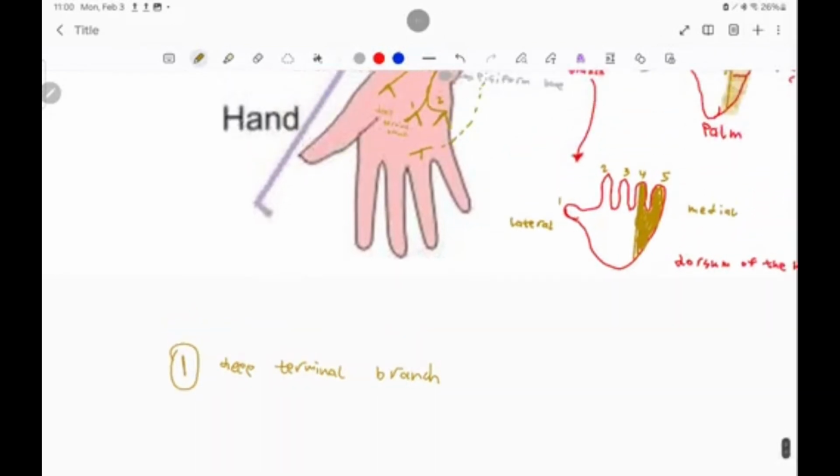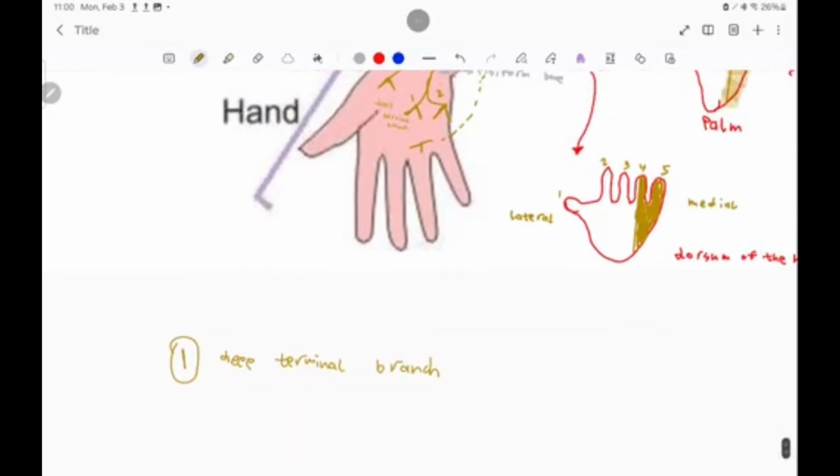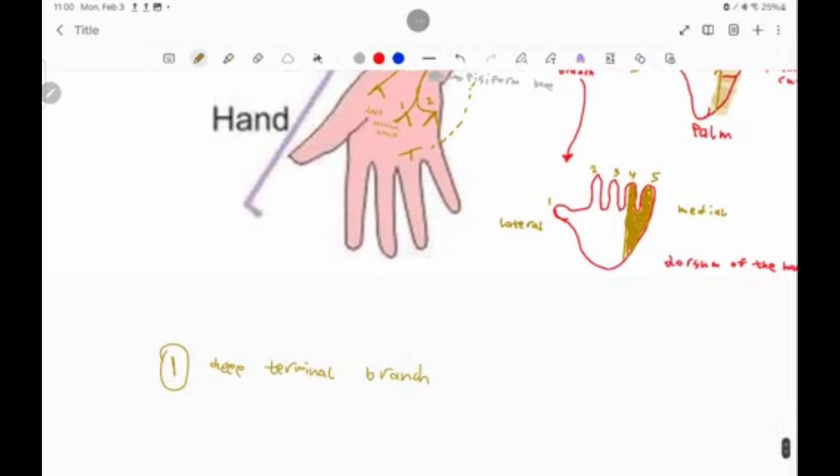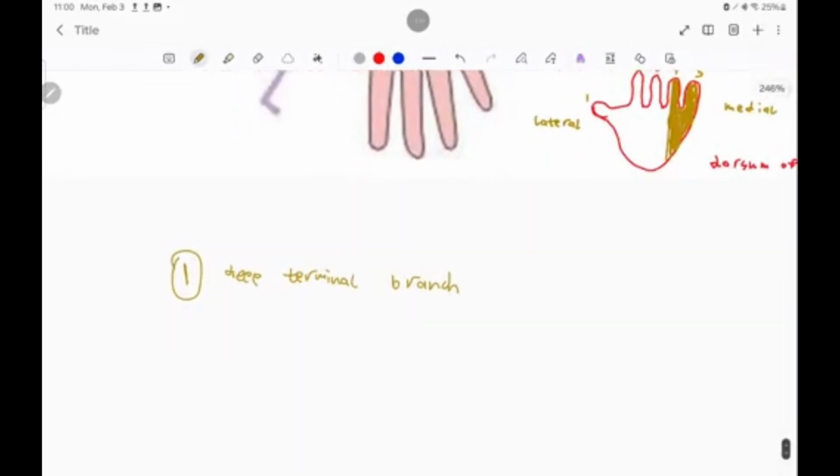And when I say the muscles of the hand, I don't mean the muscles that came from the forearm and enter the hand. I only mean the muscles that originate in the hand and insert in the hand. So they don't originate from the forearm. They are only intrinsic muscles. So what does this deep terminal branch supply?